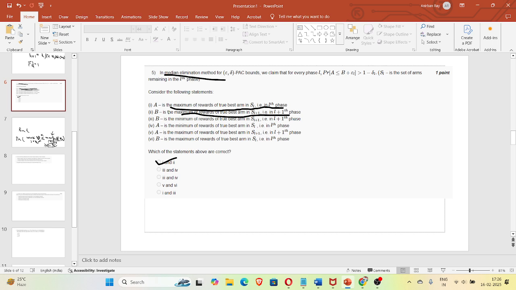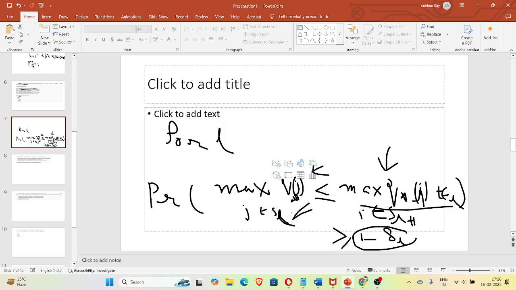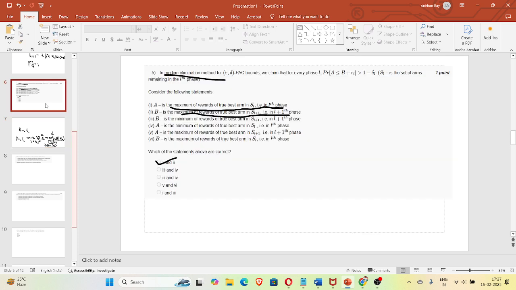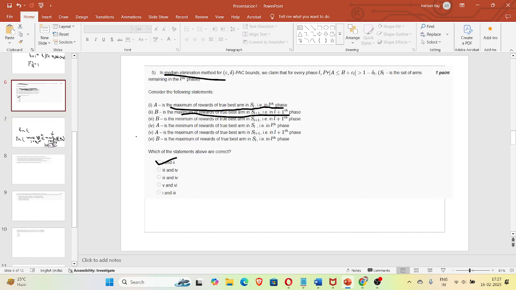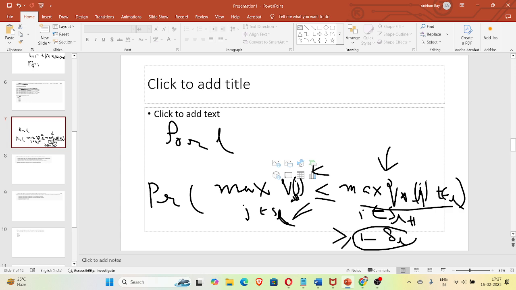In the second sentence, you can see the maximum of the rewards of the true best arm in SL plus 1, that is in the L plus 1th phase. So what does it mean? The maximum of those Q functions is the reward function, and I is the arm. So this is the expression that we are talking about.